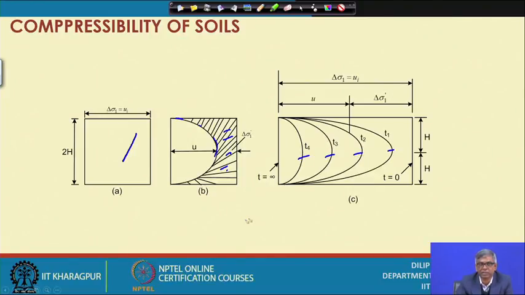At t equal to infinity, when full pressure is dissipated, your u becomes 0. At the initial time t equal to 0, delta sigma equals u I. That means whatever stress you have applied will itself be equal to u I, and slowly u will reduce, and at infinite time, which is a sufficiently long time, u becomes 0. When u becomes 0, that means it is full consolidation.